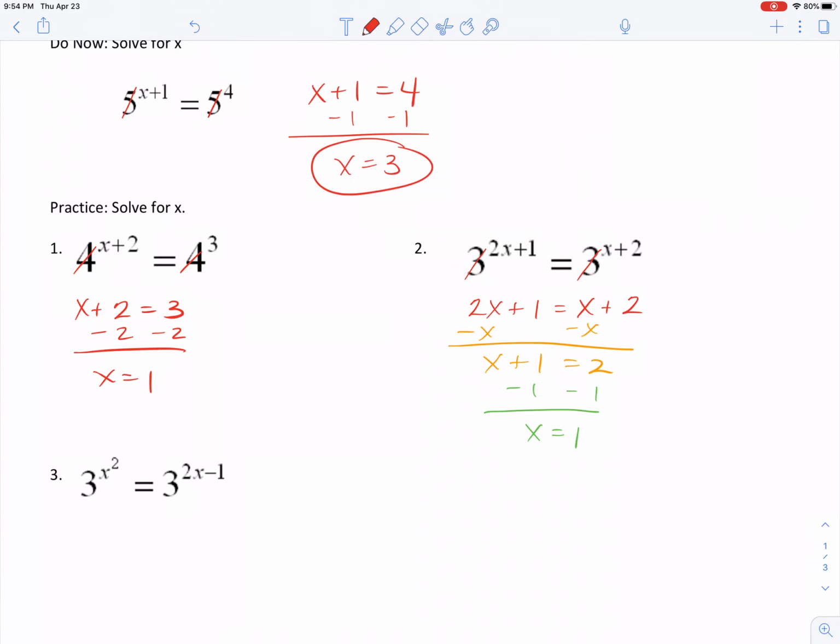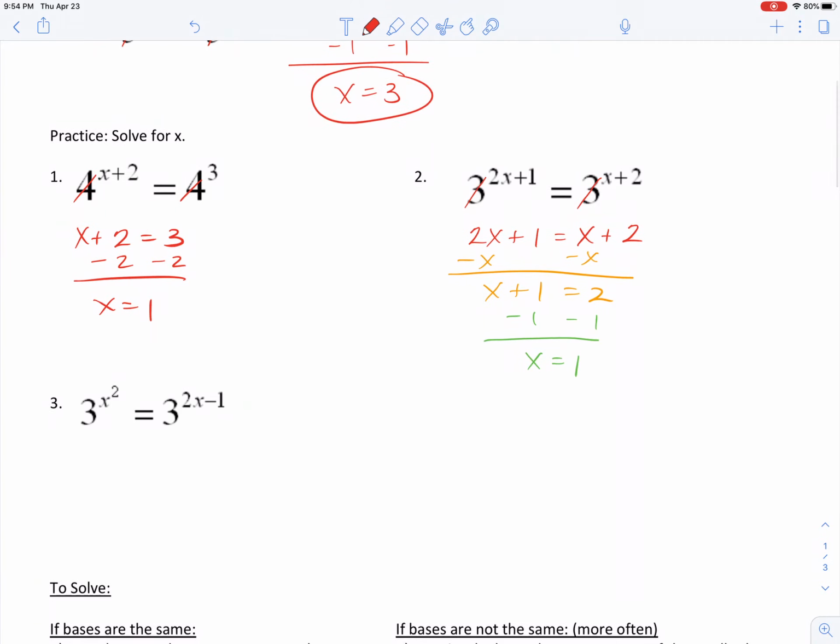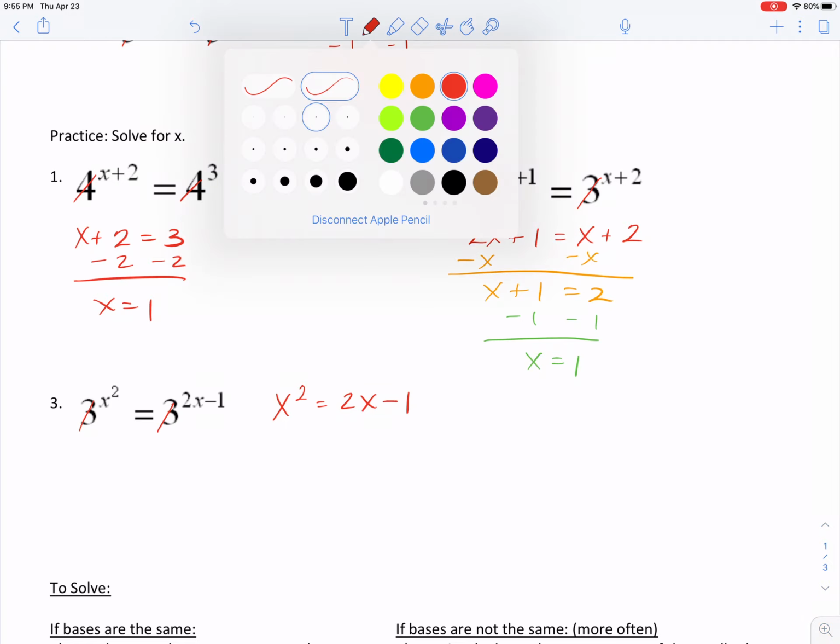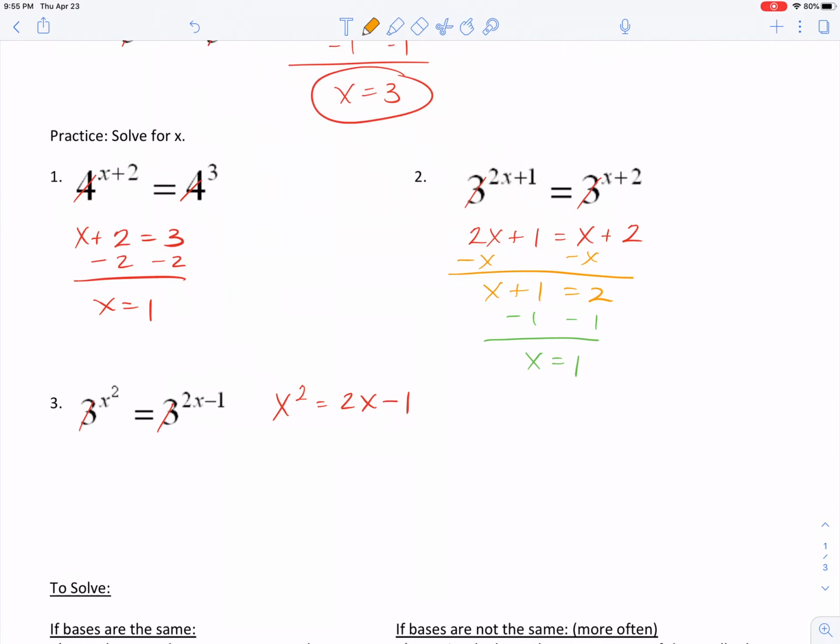Number 3 again has the bases the same, 3, so then the exponents would have to be the same. x squared would have to equal 2x minus 1. So that's a little trickier. Do you recognize the fact that since there's an x squared here, this is a quadratic equation, so I have to get it set equal to 0. So I'll subtract 2x on both sides and add 1 on both sides. And then once you have a quadratic equation equal to 0, I have to factor.